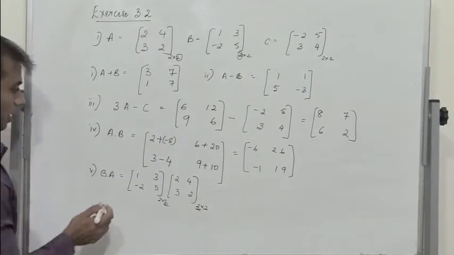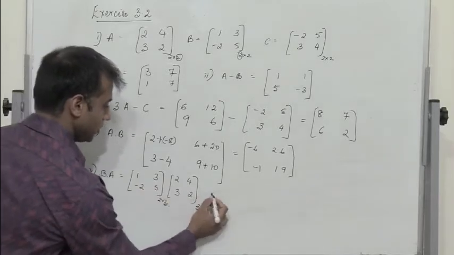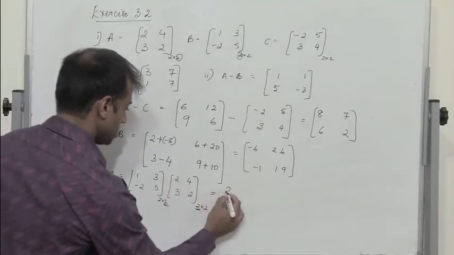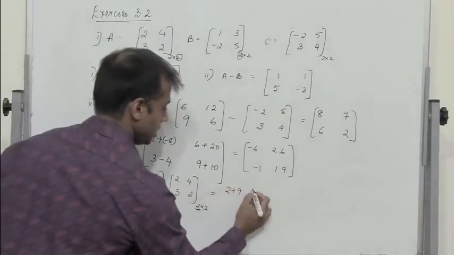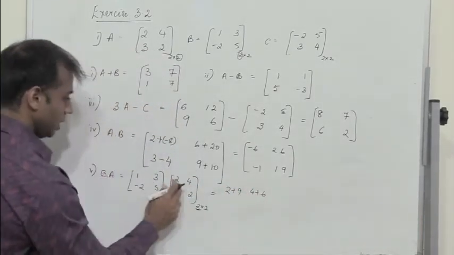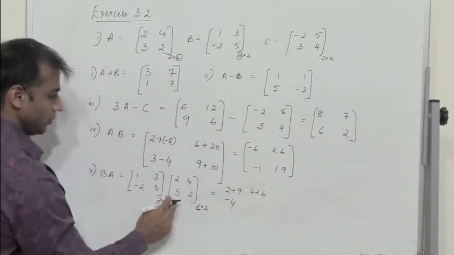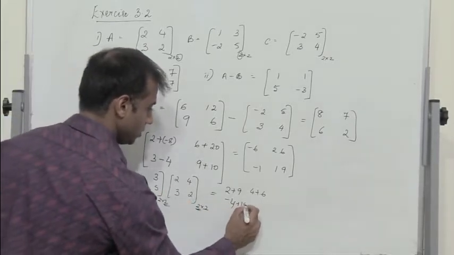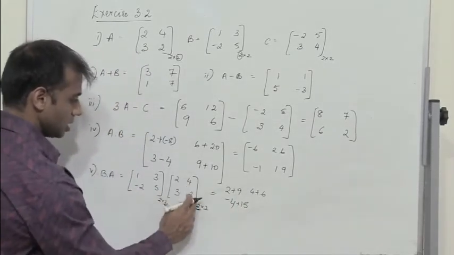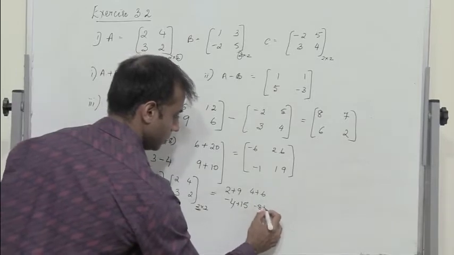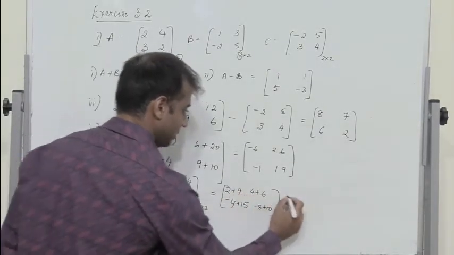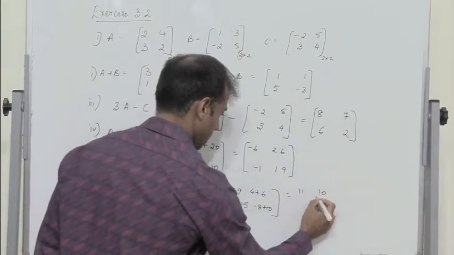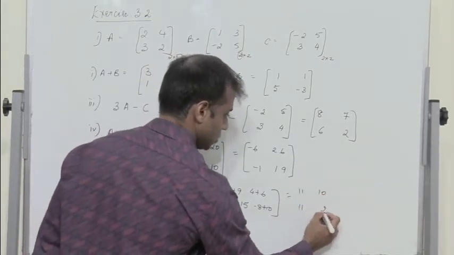So multiplying the first row with the first column, I get 1 into 2 is 2 plus 9. 1 into 4 is 4 plus 6. Then minus 4, that is the second row with the first column, minus 4 plus 15. And then I have minus 8 plus 10. So what do we get? We get 11, 10, and then we get 11 and 2.